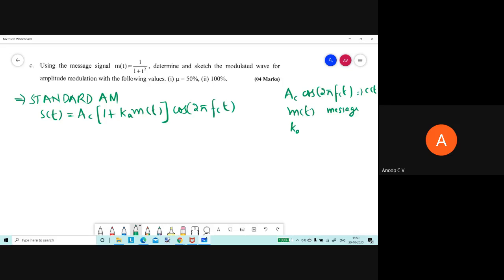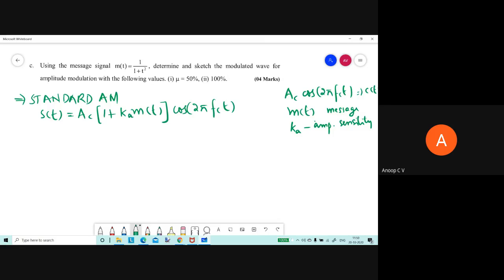And what was Ka? Ka was amplitude sensitivity. When we study PM and FM in next classes, we'll study similar terms: phase sensitivity and frequency sensitivity. This Ka is amplitude sensitivity.